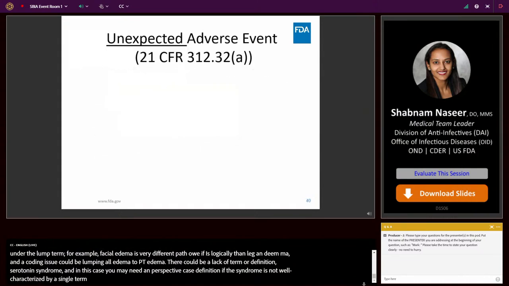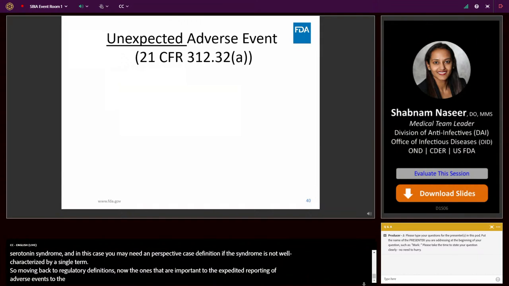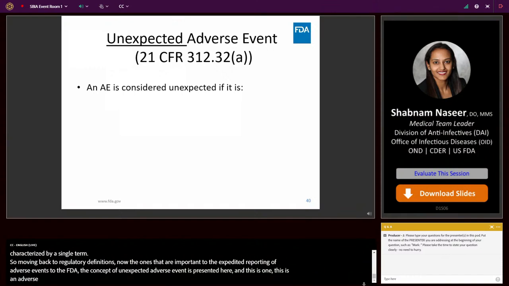So moving back to regulatory definitions, now the ones that are important to the expedited reporting of adverse events to the FDA. The concept of unexpected adverse event is presented here. An adverse event is deemed unexpected if the following conditions are met.